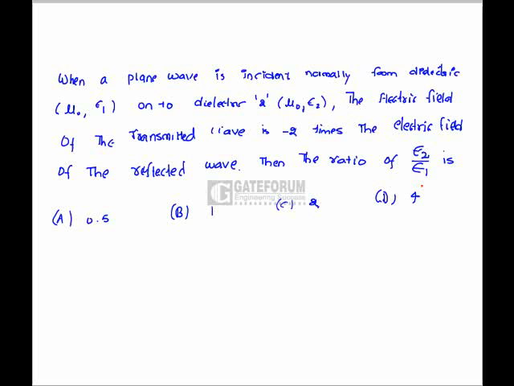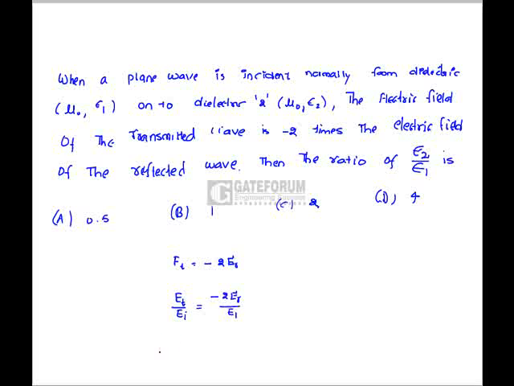The question is: when a plane wave is incident normally from a dielectric whose relative permittivity is epsilon 1 onto a dielectric 2 whose permittivity is epsilon 2, the electric field of the transmitted wave is minus 2 times the electric field of the reflected wave. Then the ratio of epsilon 2 by epsilon 1 is? Here the transmitted electric field is 2 times the reflected electric field, so ET by EI is minus 2 ER by EI.